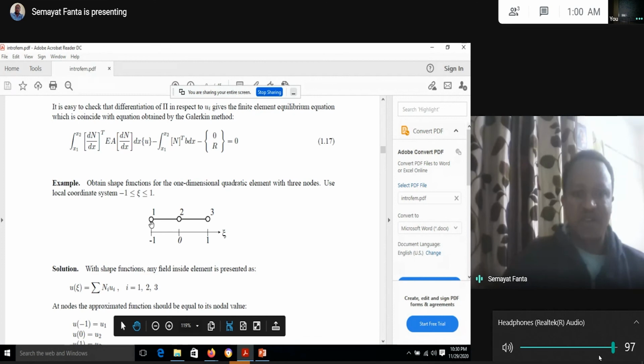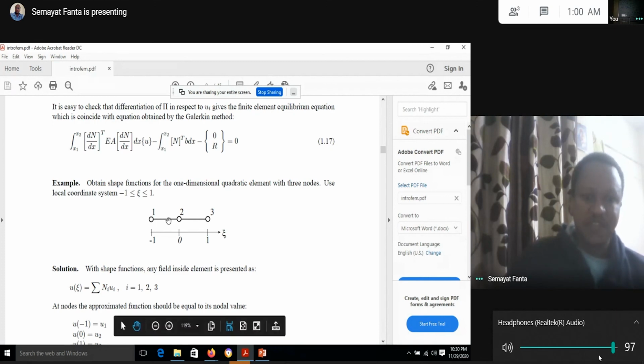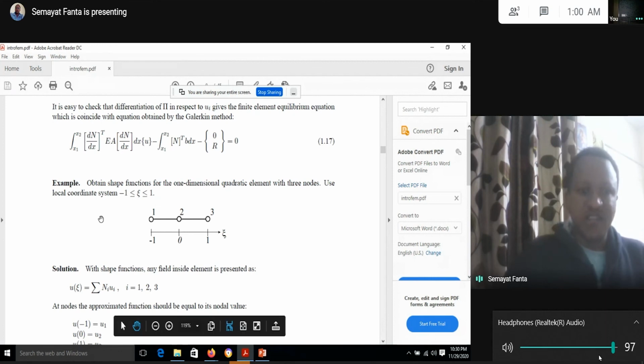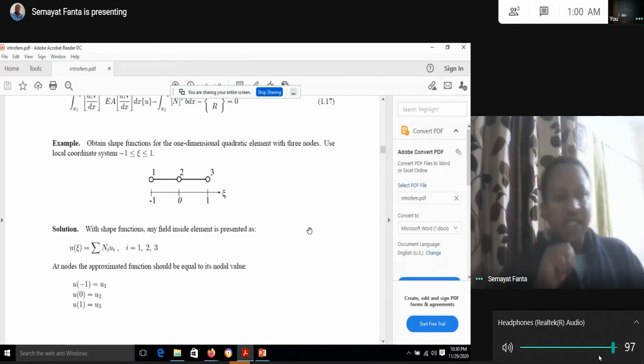For example, for the previous link, with node 1, node 2, node 3, and containing 2 elements, element 1 and element 2, we can specify node 1 with -1 and node 3 with +1 and the middle node as 0. So this is the local coordinate system representation of the finite element solution.